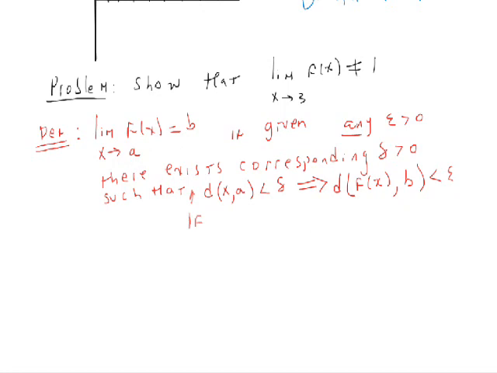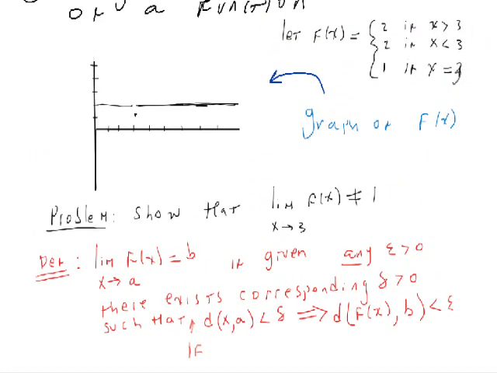So what we want to show is that this function does not satisfy the definition of having limit 1 as x approaches 3. What we are going to do is choose an epsilon.